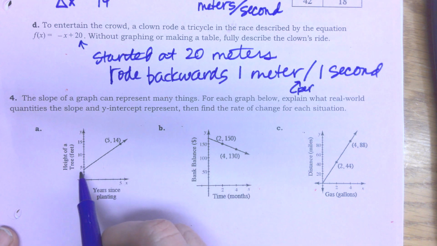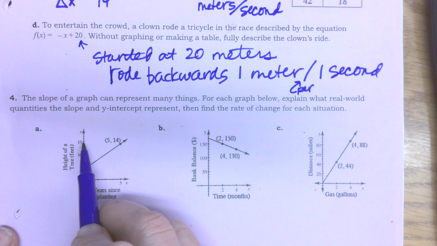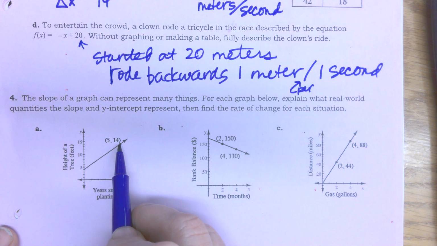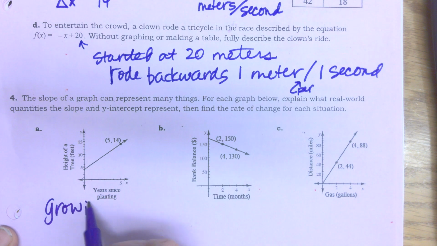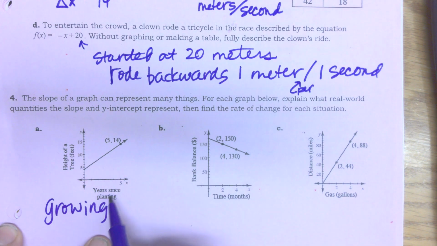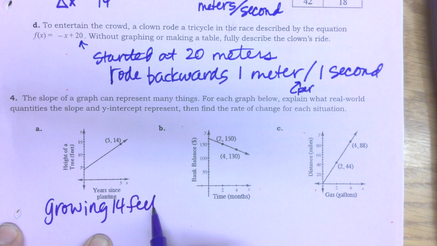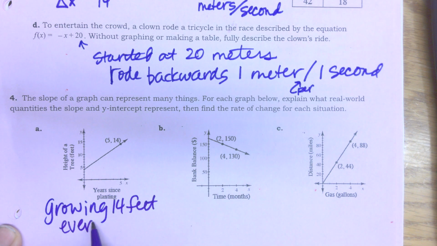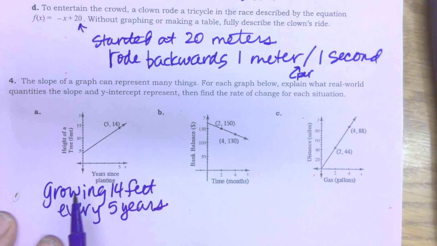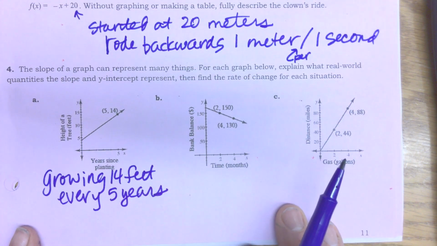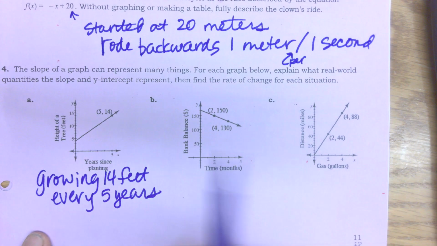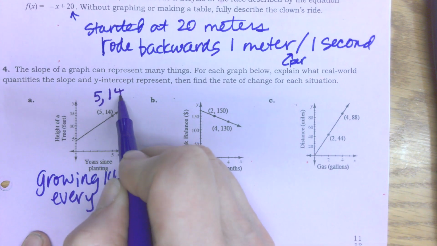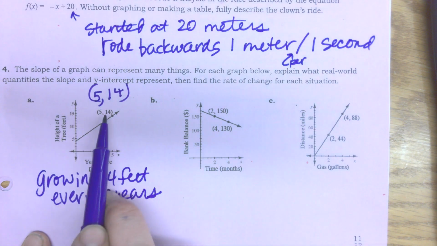It's growing 14 feet every 5 years. Growing. What about the 0.14? The point 14, what do we do with that? After the 5? Oh, that's 5 comma 14. And that just tells me how far we moved.